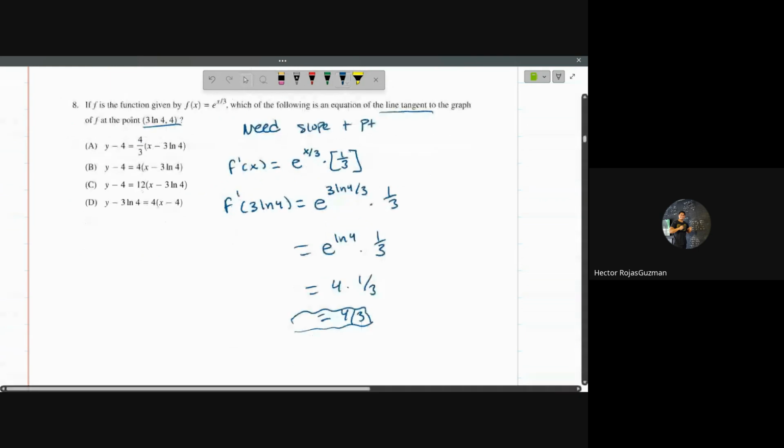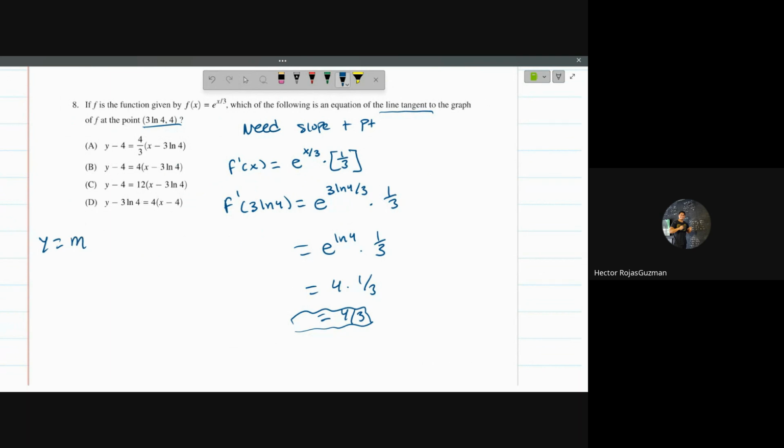Now for your tangent line, it's basically point-slope form that you learned in Math 1. It's m times (x minus x1) plus y1. But in my multiple choice, the y1 is moved over to the other side, and that's fine. y is equal to 4 over 3 times (x minus 3 natural log of 4) plus 4. So 4/3 x, boom, A is the winner.